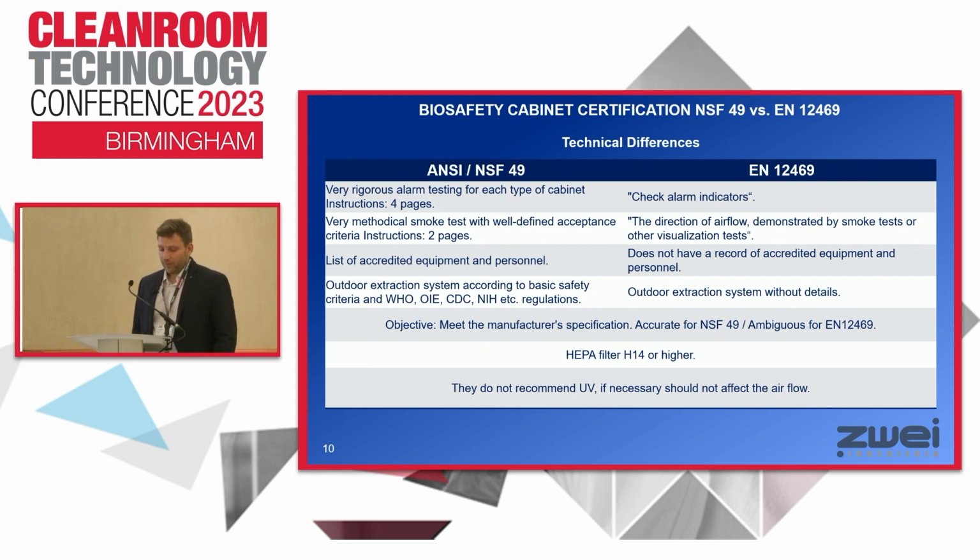In terms of the objective or the goal in each standard, we have the NSF, which is very specific in establishing that the biosafety cabinet must meet the manufacturer specification, and the tolerances are described in the standard. On the other hand, EN is very ambiguous.